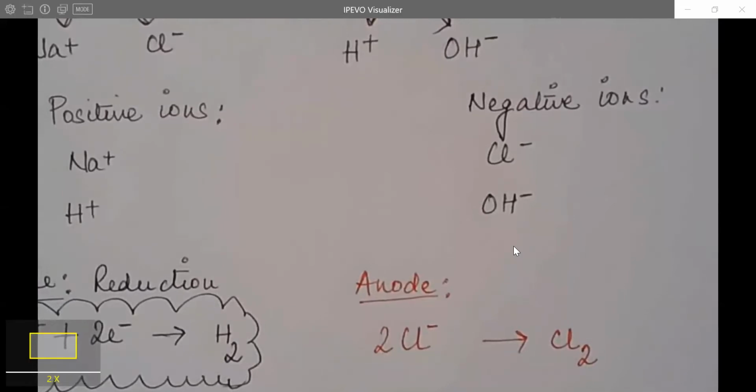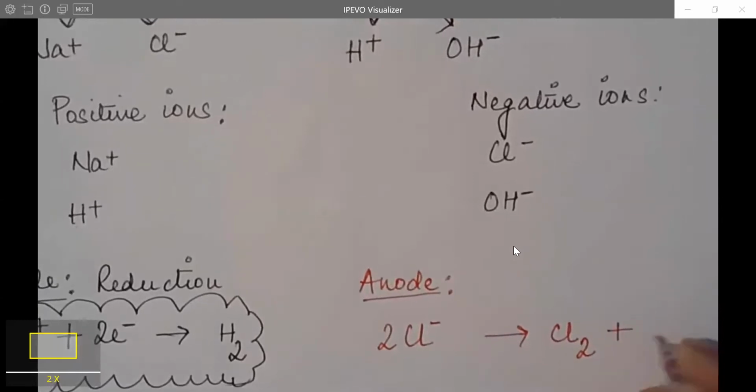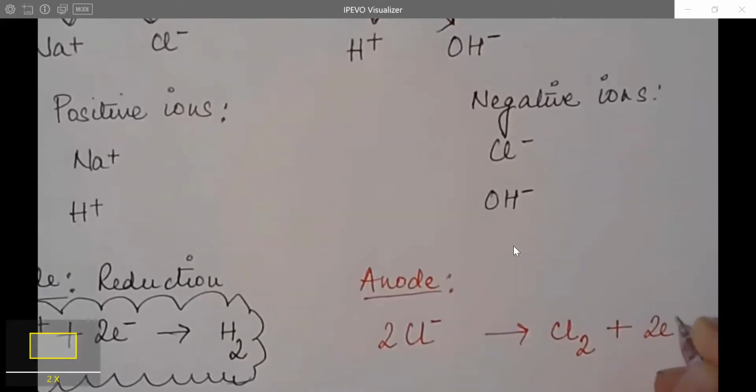Now, we can see that every chloride ion has 1 negative charge, but on the left we have 2 chloride ions, and therefore there are 2 negative charges on the left. And this needs to be balanced before it can turn into a neutral chlorine molecule. And that is achieved by losing 2 electrons.